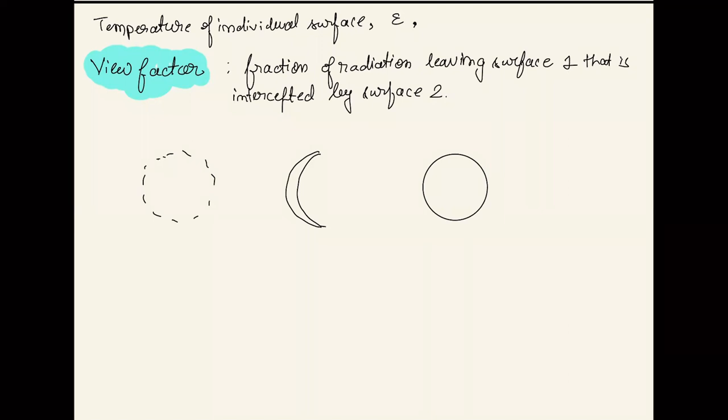All the irradiation that is coming from the hands of the hero, or from the instrument of the hero, is now not getting intercepted by him, right? So that can also be a case, and the hero's objective was to increase the view factor as much as possible, right? So these are the real examples of view factor.